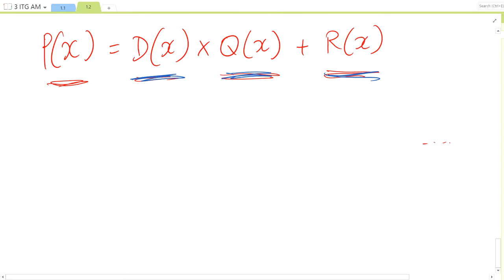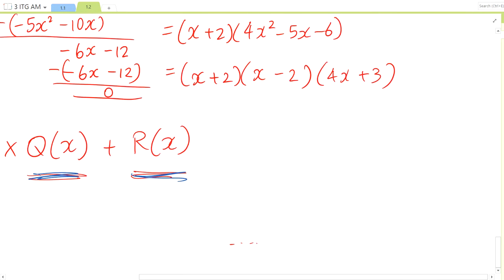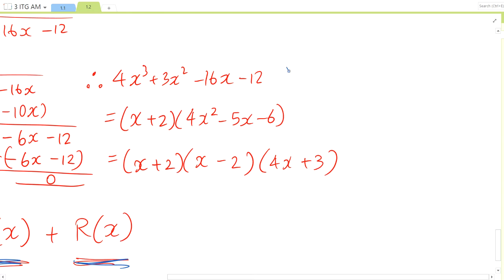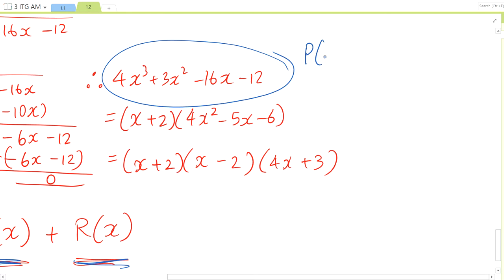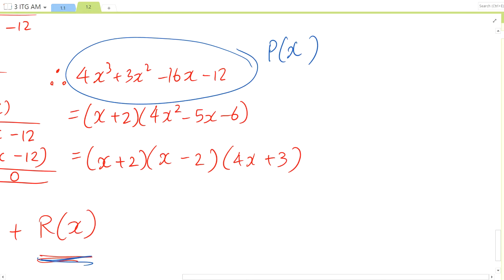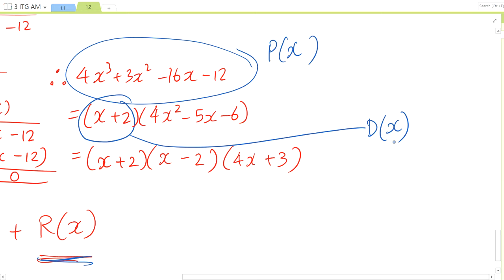Okay, let's look at the previous question. This is what we had. This is my Px. So Px equals 4x cubed, blah, blah, blah. My x plus 2 is actually my Dx, my divisor. This is my quotient, Qx. Do I have an Rx in this case?